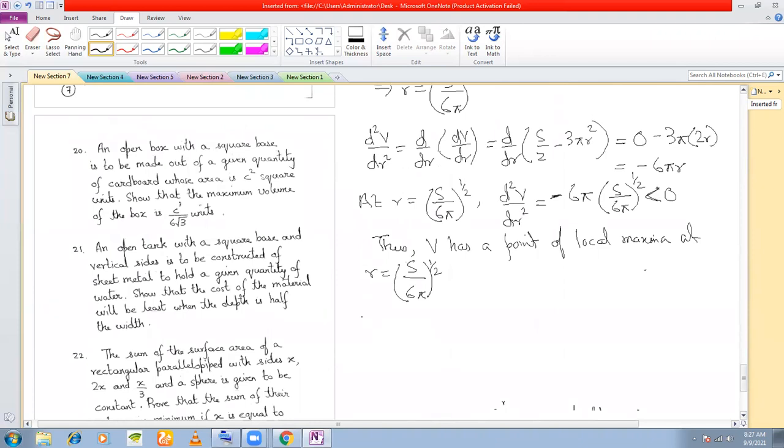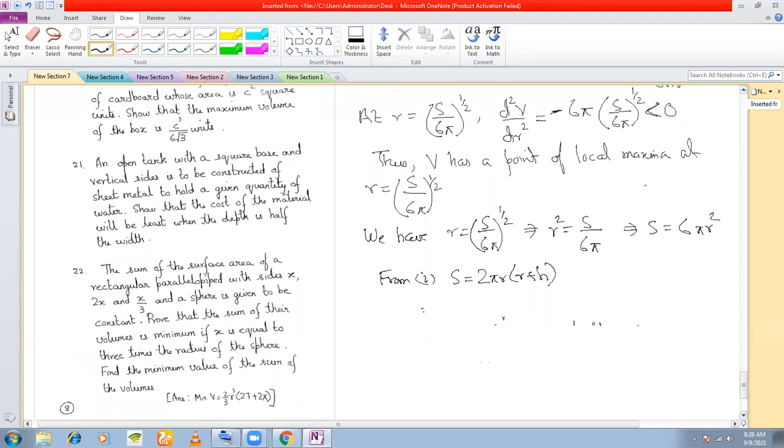So from one, we have r is equal to (S by 6 pi) to the power of half. That means r square is equal to S by 6 pi. That means S is equal to 6 pi r square, right? So from 1, S is equal to 2 pi r into (r plus h).